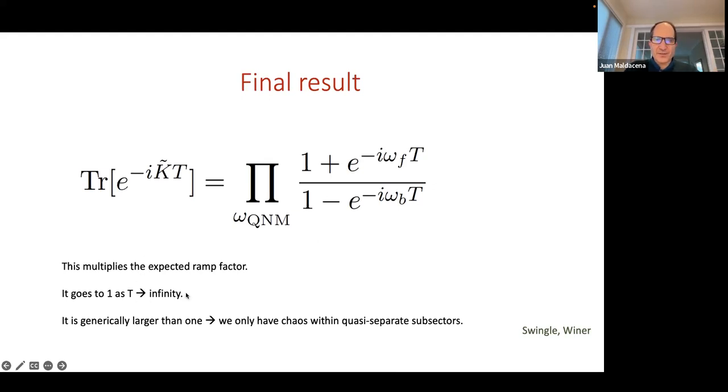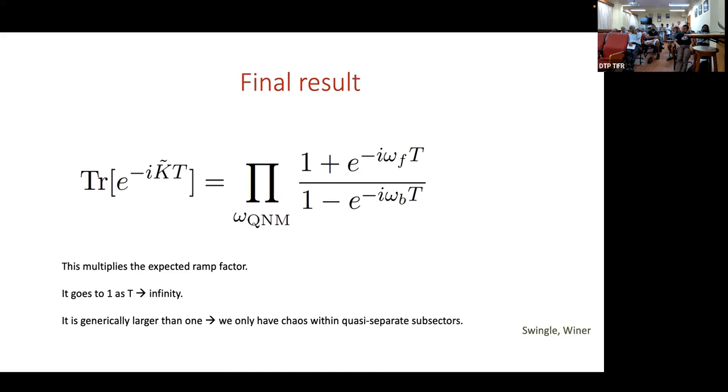If t goes to infinity, if all these things have a negative imaginary part, then they will all go to 1. This whole factor goes to 1. But generically, it is typically larger than 1 if, let's say, they have a purely imaginary part, so that they are purely decaying.